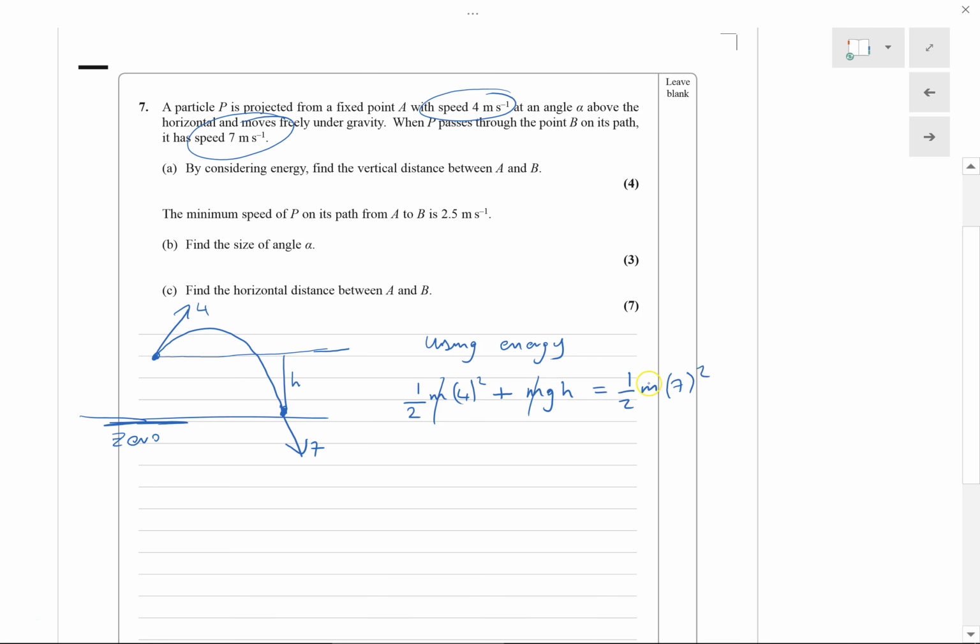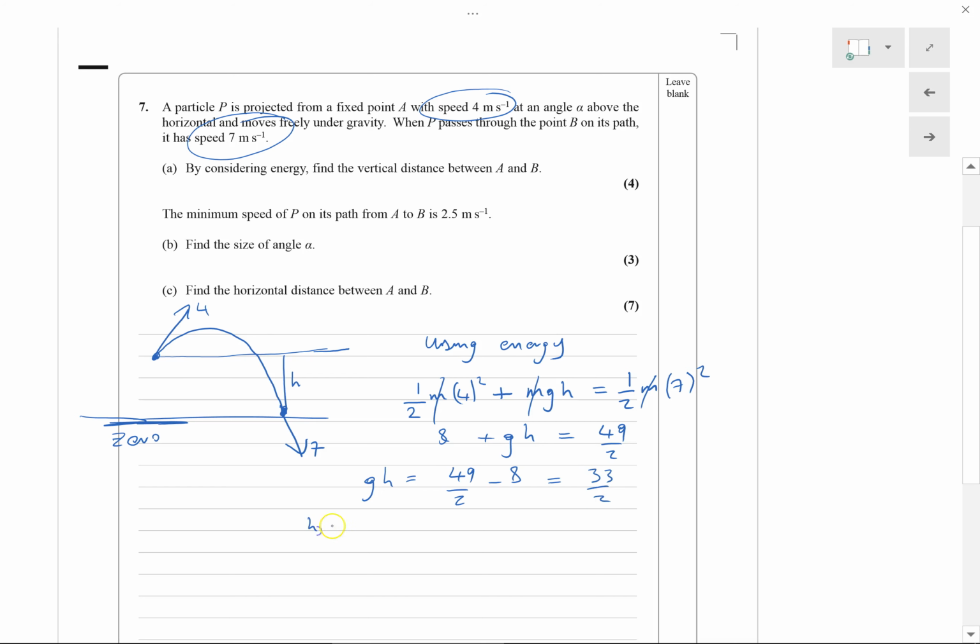Okay, so m cancels. That's 16 over 2, so that's 8, plus GH is equal to 49 over 2. So GH is equal to 49 over 2 minus 8, and that's equal to 33 over 2.